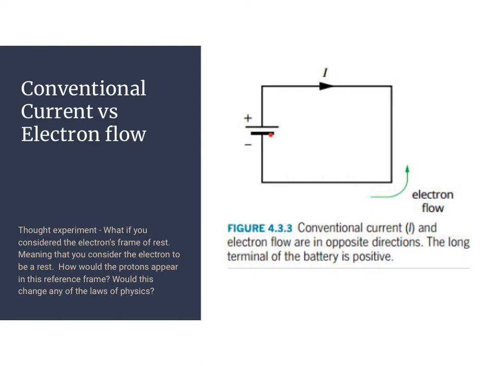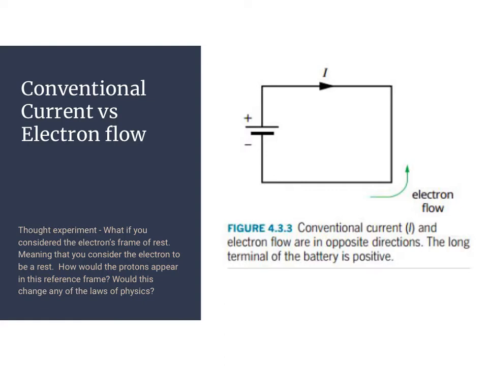The smaller terminal represents the negative, and the positive terminal is the longer line. The positive terminal is called a cathode, and the negative terminal is called an anode. So by convention, we show that current is going in this direction. The arrow here showing this direction is positive current, but it's actually the electron flow going in the opposite direction.